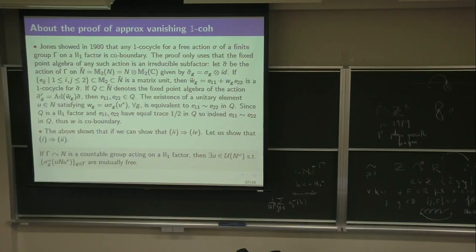So, with things that are freely independent of something, you can kill those elements by averaging with things in this fixed point algebra. So I proved that, given any finite set of elements, you can. So what this says is that the fixed point algebra can kill anything in N. You can find things in the fixed point algebra that can kill anything by averaging.